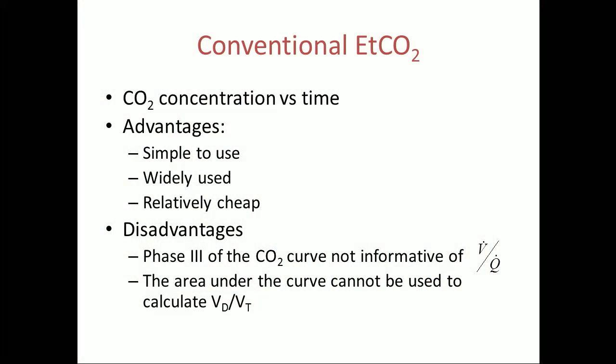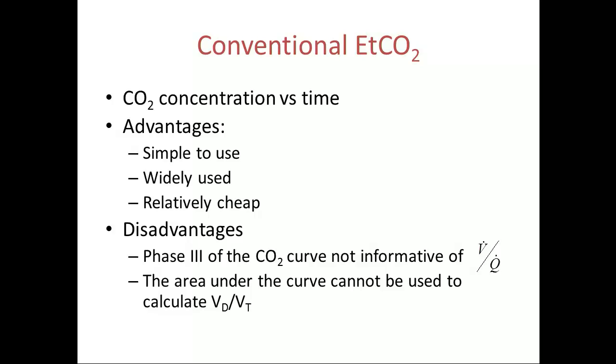And in a recent document released by the Intensive Care Society, they strongly recommended that we should use continuous capnography for all mechanically ventilated patients, albeit this was based on common sense rather than any hard evidence. So the conventional time-based capnography has several advantages in that we're familiar with it, it's widely available, and we've all made an initial investment.